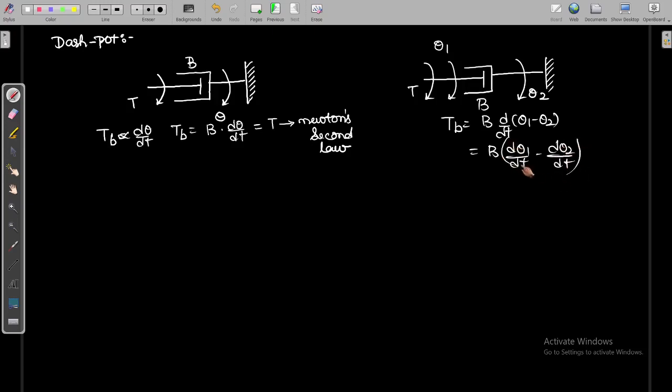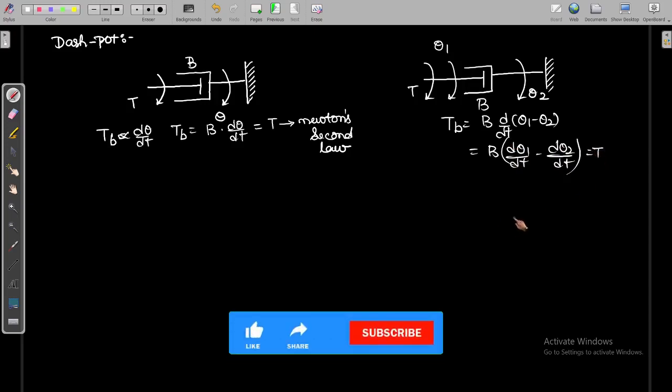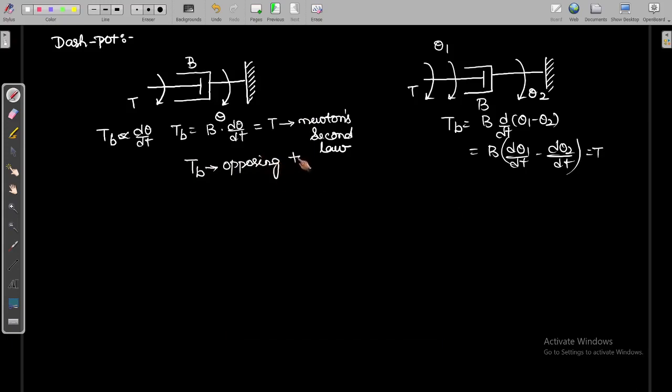This equals the applied torque according to Newton's second law. Here I have used the notation Tb for the opposing torque produced by the frictional coefficient. So this is the information about the dashpot.